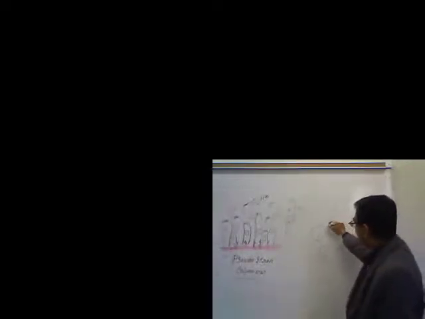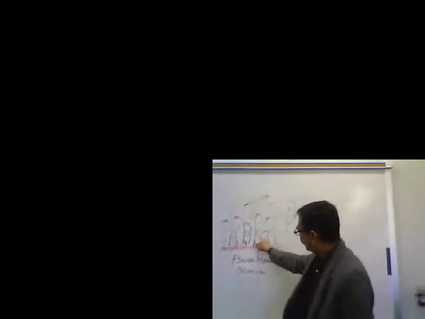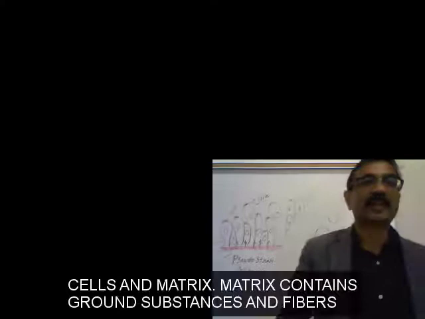So you have the cells like this in most of the cases, and in between the cells you have matrix. But in epithelial, you see there is no space in between the cells. Okay? So no matrix. But here in connective tissue, in between the cells, you have the matrix. So cell and the matrix in between the cells.